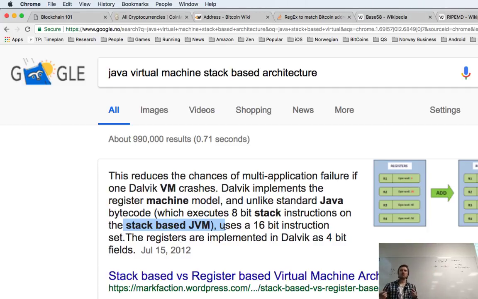How the normal assembly on, say, x86 works: it has an add operation, and you have registers like AX, BX, CX, and the add operation specifies which registers to use as the operands and where the results will go, right?